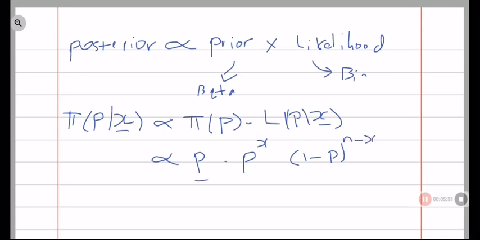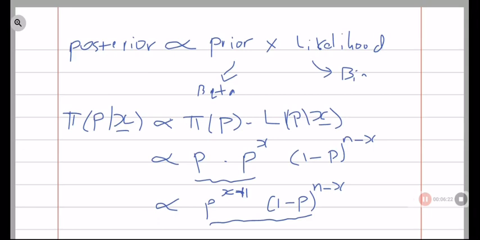Now we can write this down, so that will be P to the x plus 1, because they have the same base here, which is P. So it will be P to the power x plus 1, 1 minus P to the n minus x. We can notice that this function, this distribution, is the kernel density of a beta distribution.